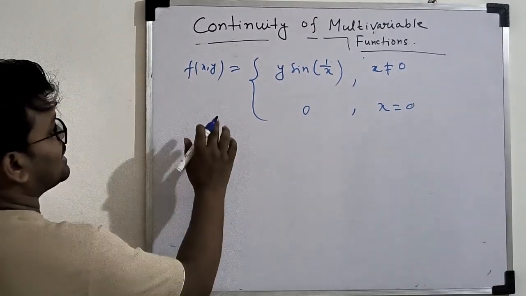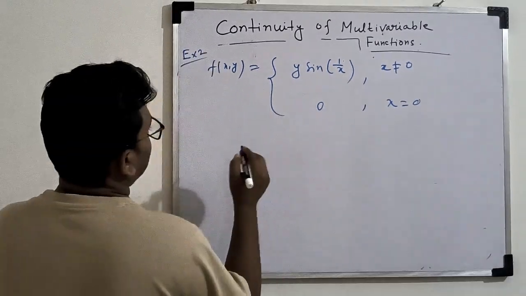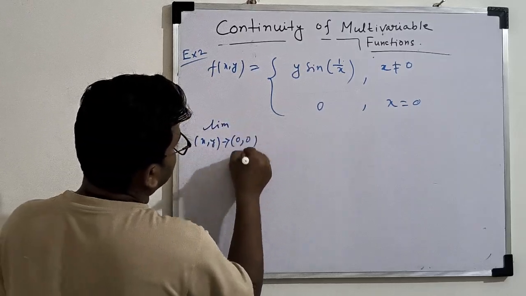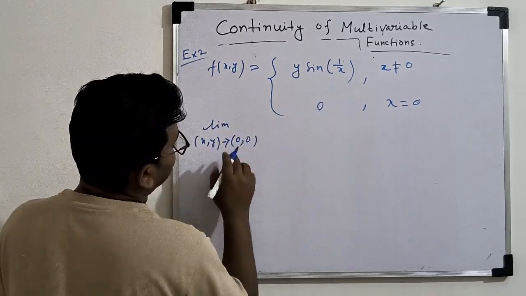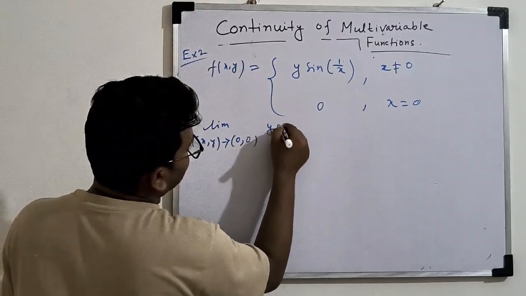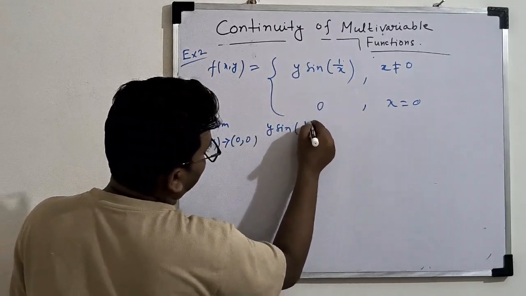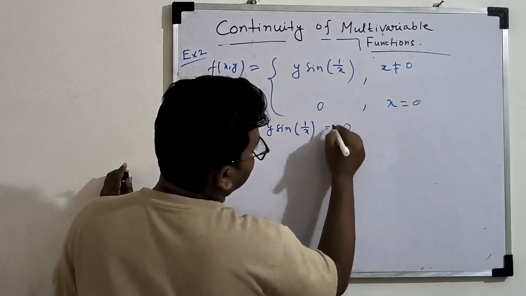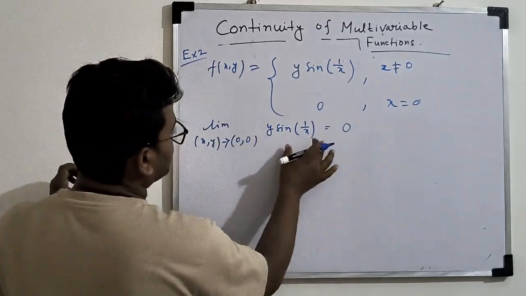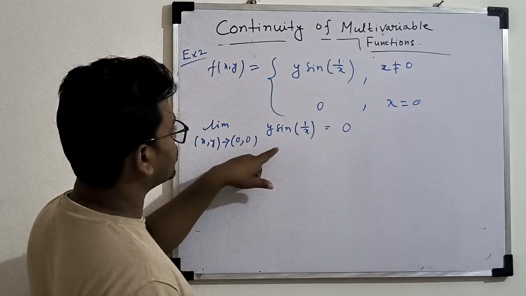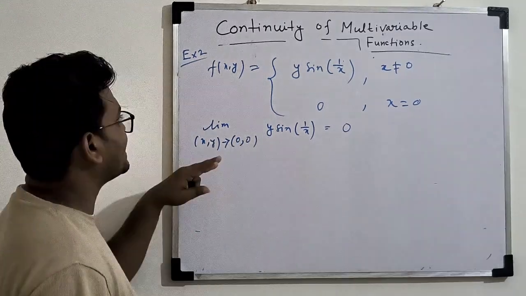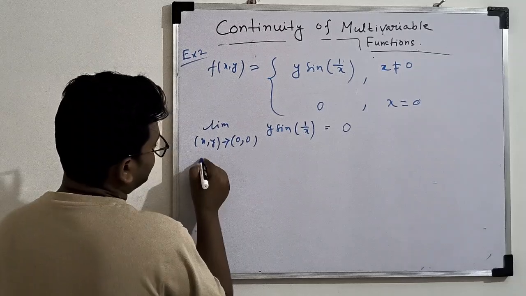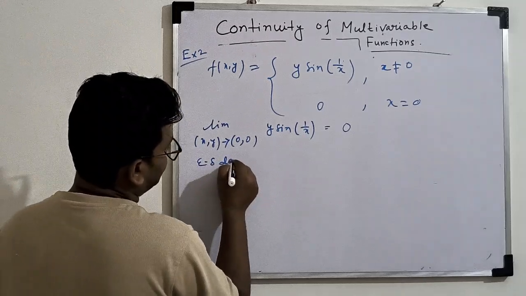To show continuity, we have to show that the limit as (x,y) tends to (0,0) of y sin(1/x) equals f(0,0), that is 0. If we can show this, we can say that this function is continuous. For this we use the epsilon-delta definition.